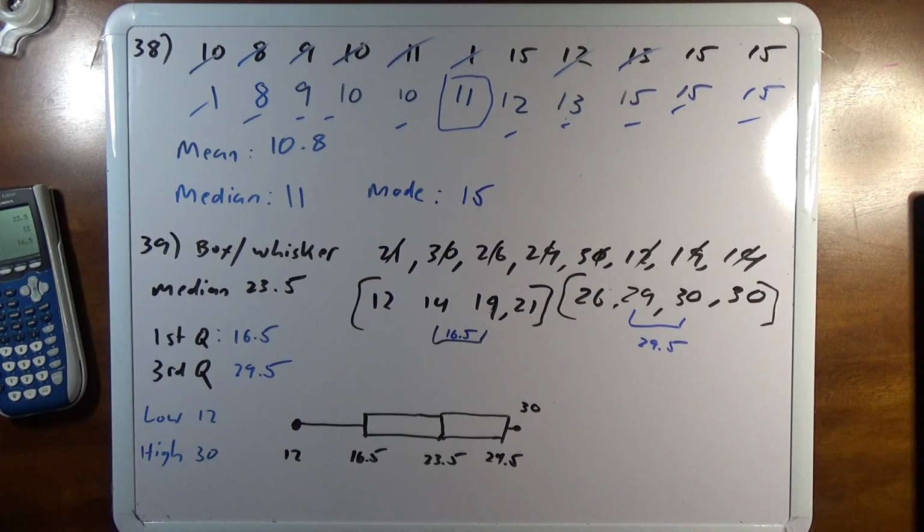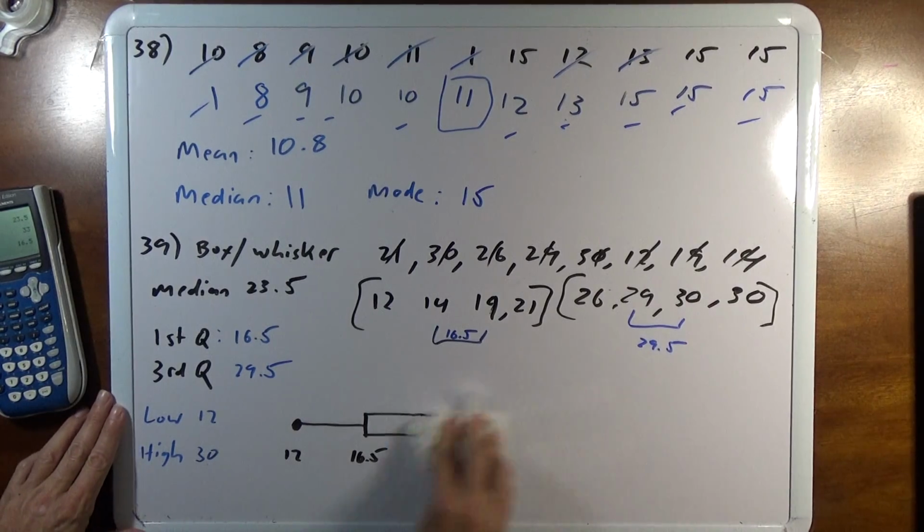An outlier is the word for it. It's so many standard deviations over. So we're not calculating any of that. Box and whisker plot for this question, this would be sufficient. So that is 39. Let me go ahead and clear the board.